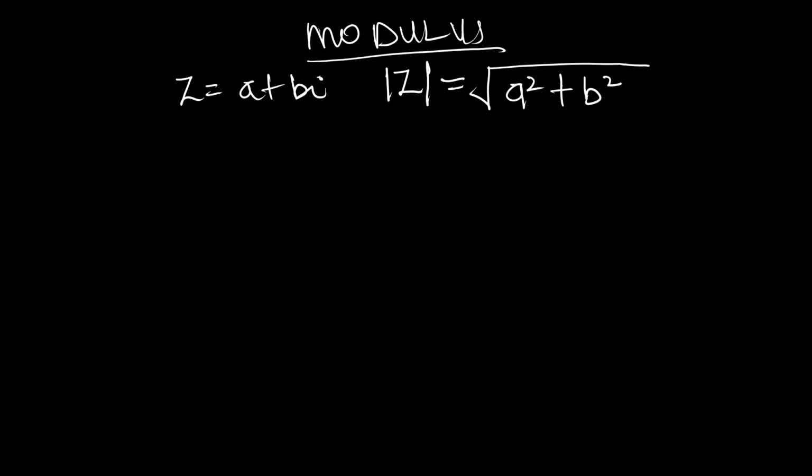So this is how we find the modulus of a complex number. It is written as the absolute value of that particular complex number.